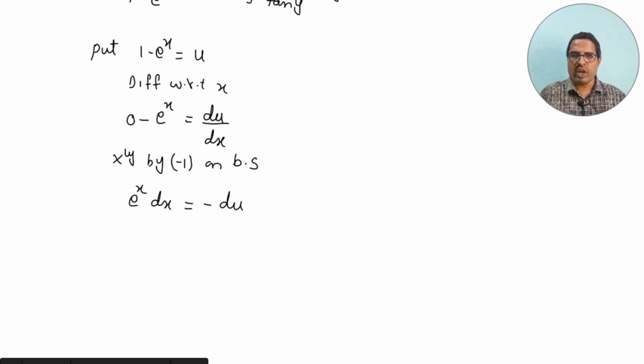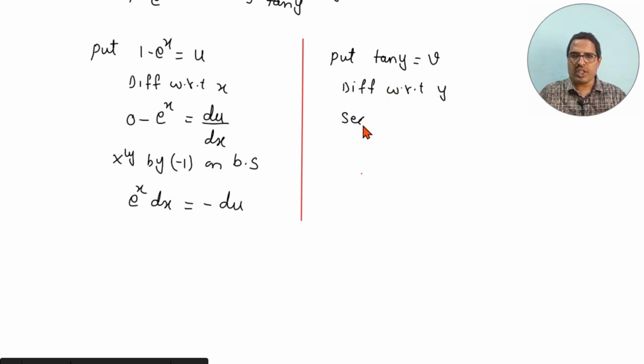Similarly, this also has to be evaluated using the substitution method. Put tan of y is equals to, say, v. So let us try to differentiate this with respect to y. So derivative of tan of y will be secant square of y is equals to differentiation of v with respect to y, which is dv by dy.